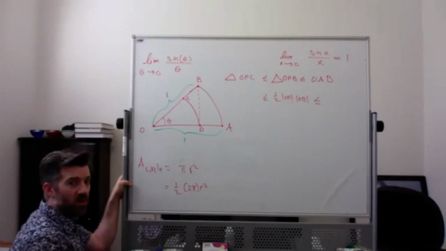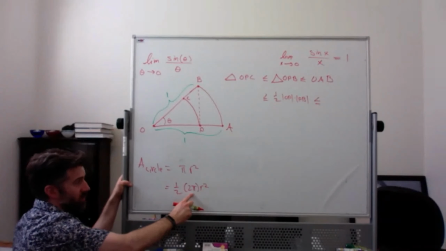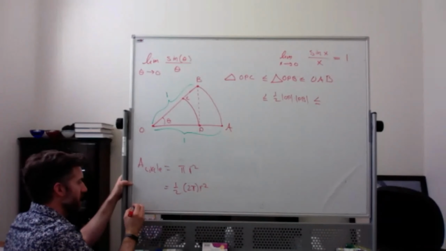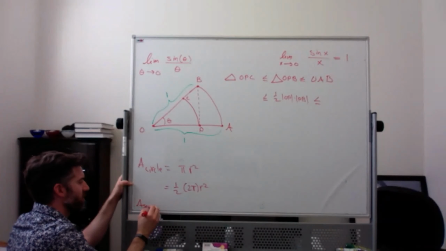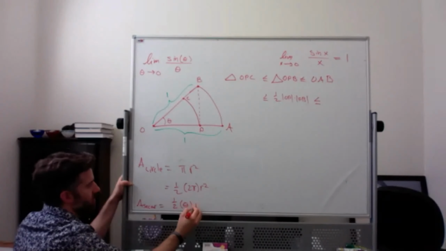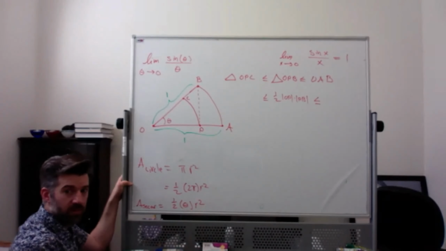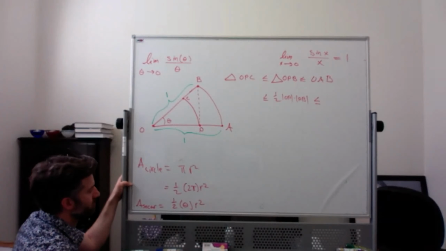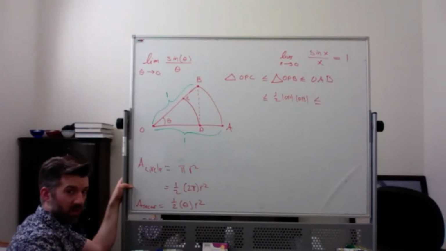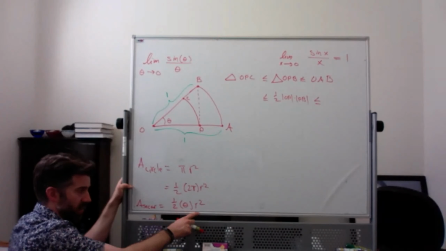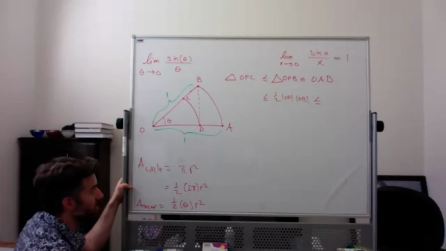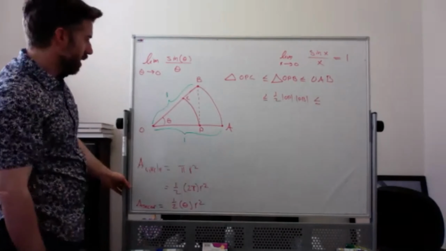Because it's really 1/2 times the angle for the whole circle, 2 pi radians, times the radius squared. And the area of a sector follows the same formula. It's 1/2 of the angle times the radius squared. Which makes sense, right? If the angle is, say, pi, which would give you half the circle, your area would be 1/2 pi r squared, which is 1/2 the area of the circle. So hopefully that seems clear. I don't want to get too into that, but I can talk about that later if you want.